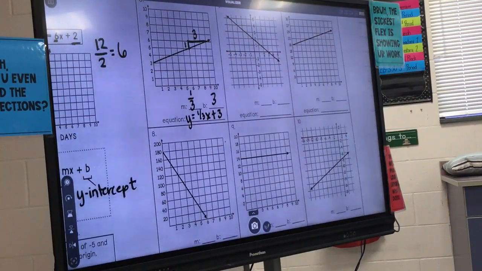You still have a lot to do. Yeah, so it would be y equals 14. Like I said, it was, but just check it. It's going down, so it's negative.